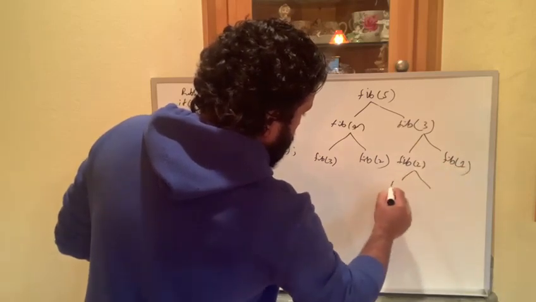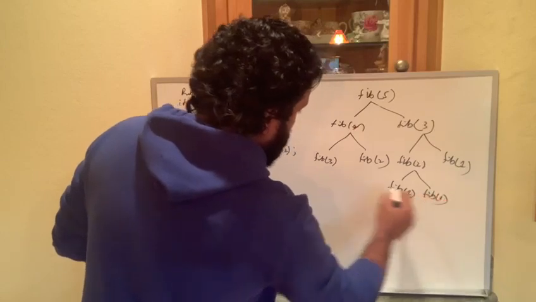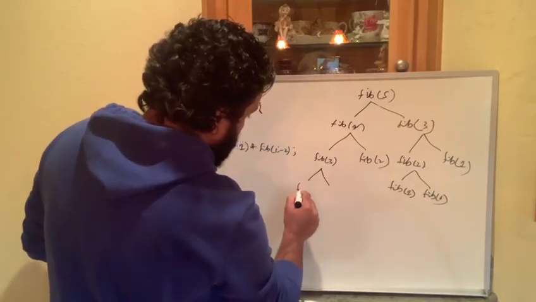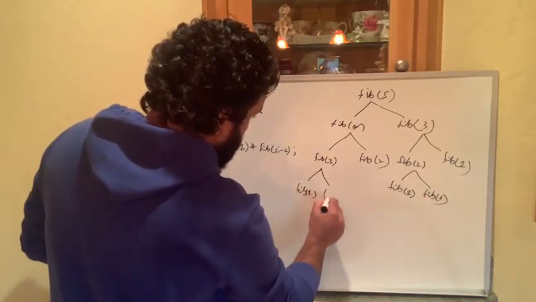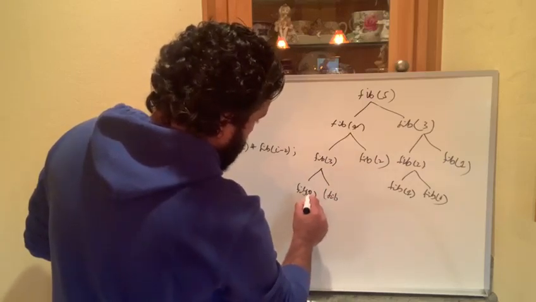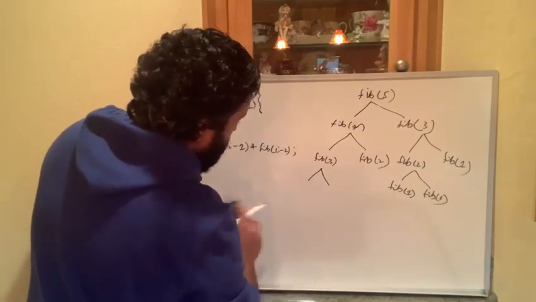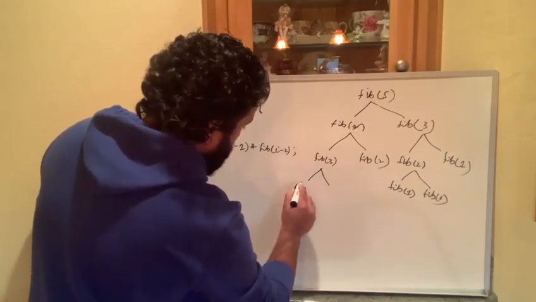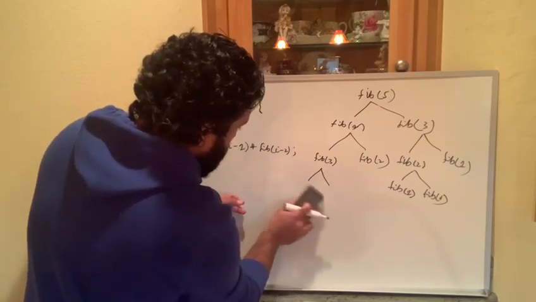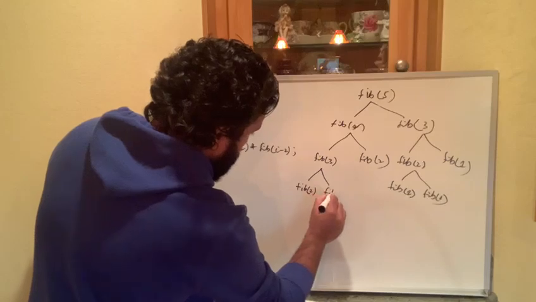This is going to branch out to fib of 1 and fib of 0. This is going to branch out to fib of 1 and fib of 2 and fib of 1, fib of 2 and fib of 1.